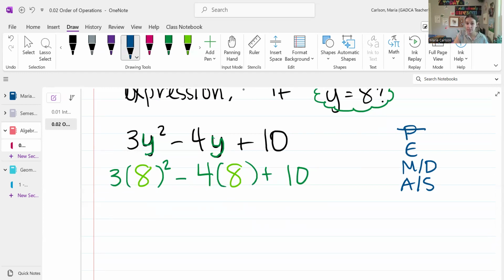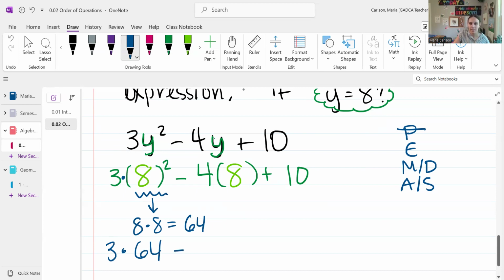It is just 3 times 8 squared. So I'm only going to square the 8, which is the same thing as 8 times 8, which is equal to 64. So we really have 3 times 64 minus 4 times 8 plus 10.